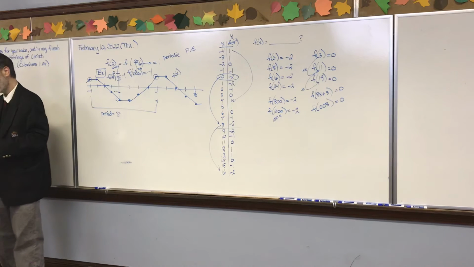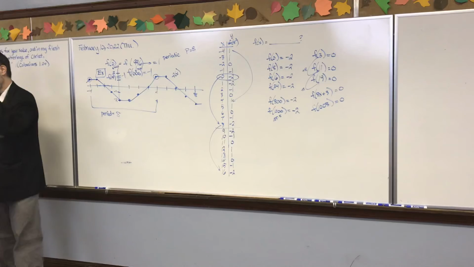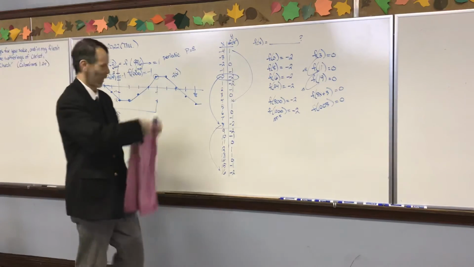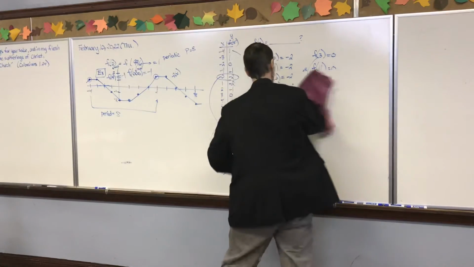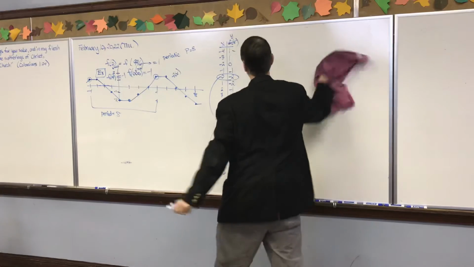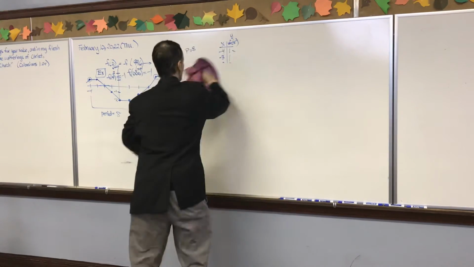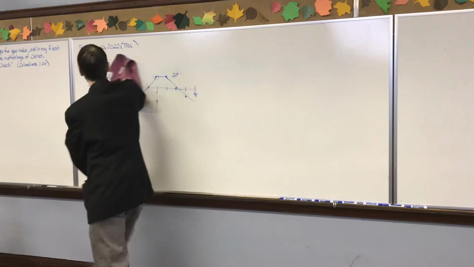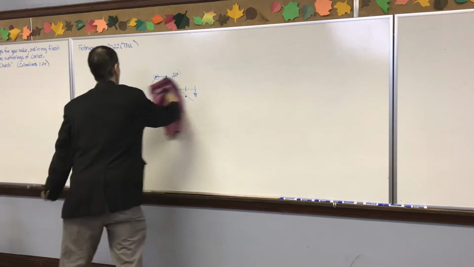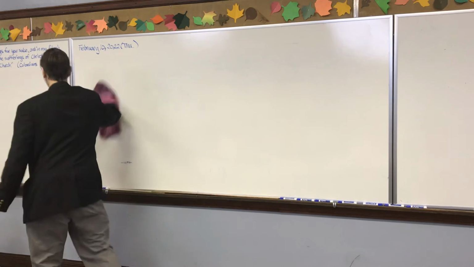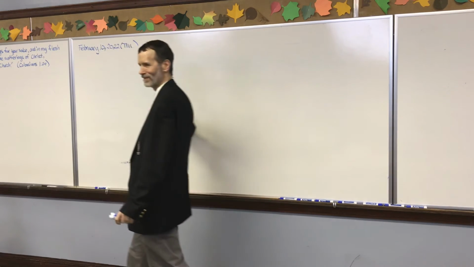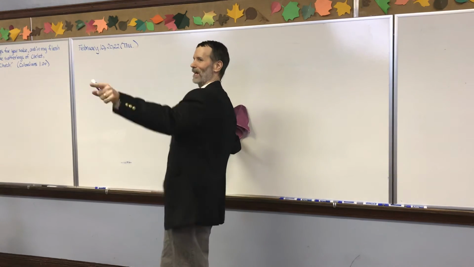I want to talk a wee bit more about inverse functions. How do you get inverse functions? Well, how do you get inverses at all? Can somebody tell me the one step you need to do to get an inverse of anything?